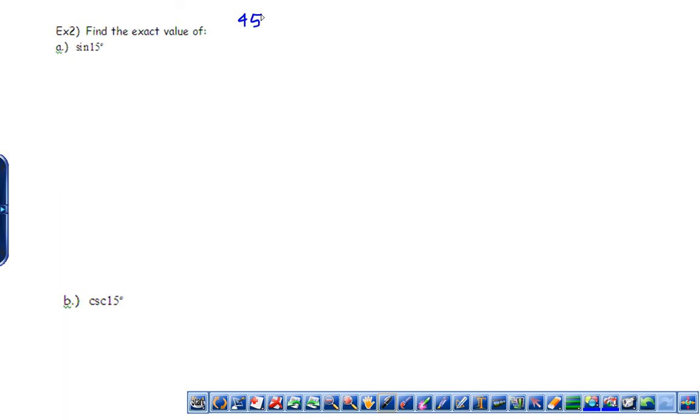Using the triangles I know, I could say 45 minus 30 gives me the 15 degrees. I know what a 45 triangle looks like and a 30 triangle looks like. And since I have sine, I have to stick with sine. So I'm going to say sine of 45 minus 30, and that is equivalent to 15. I haven't done anything, I've just replaced.